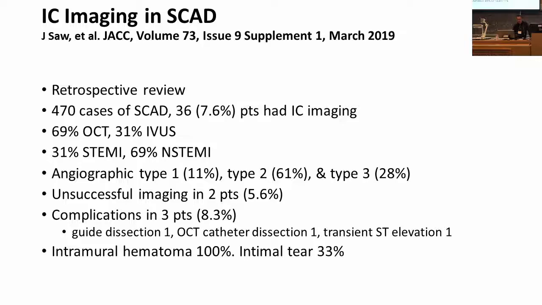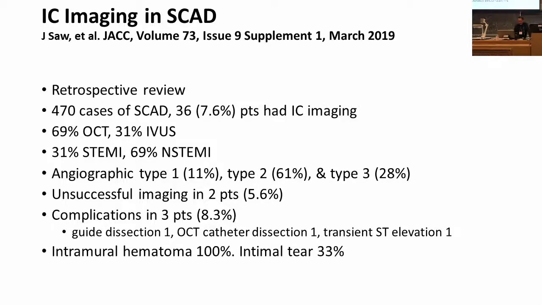Most of them were OCT, some of them IVUS, 1/3 of them were STEMI. Type 1 was in 11%, type 2 in 61%, type 3 28%. And in 2 cases, or 5.6%, they could not successfully complete the intracoronary imaging even when they tried. And there were complications in 3 patients.